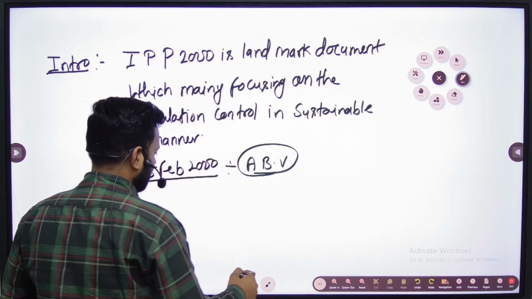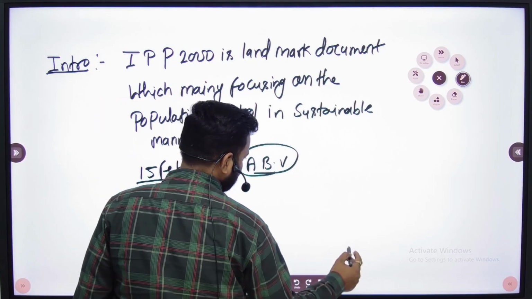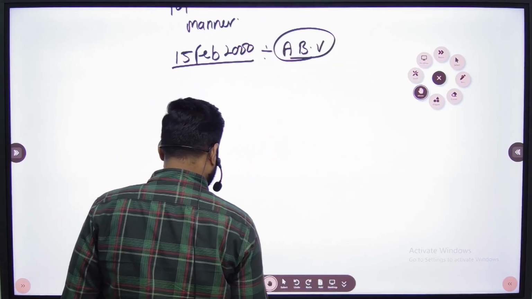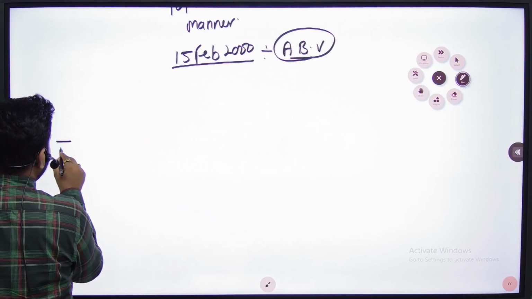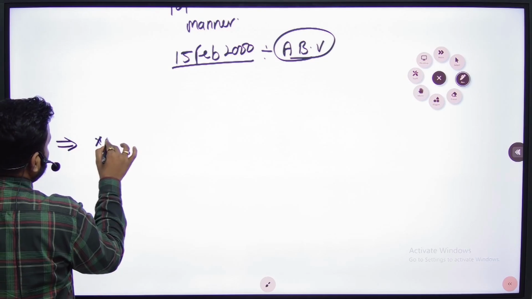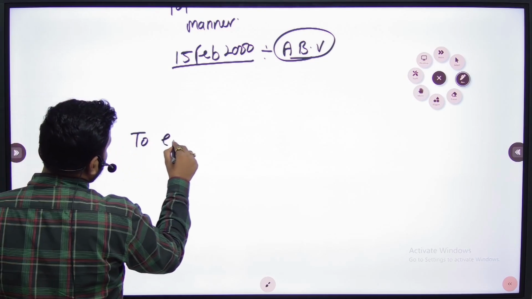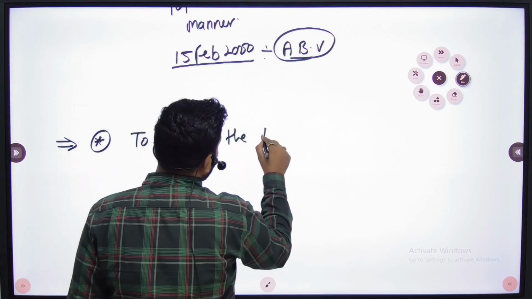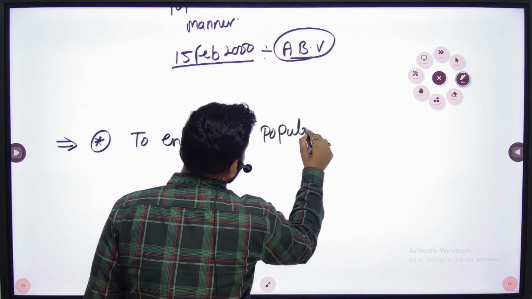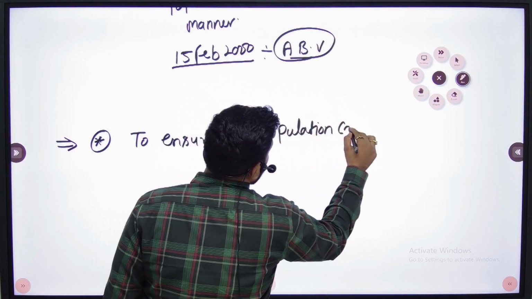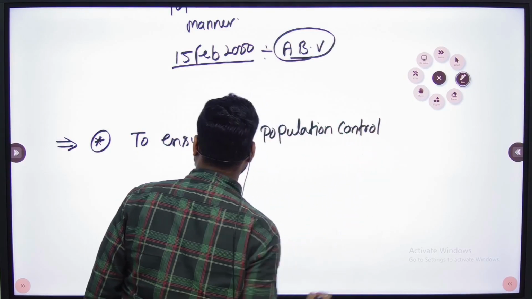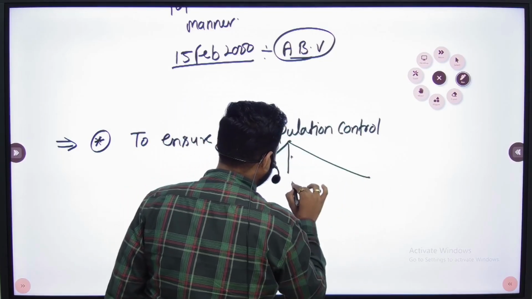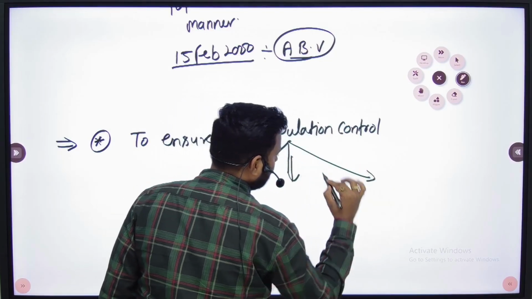Now, what is the main objective of this policy? The main objective of this policy is to ensure population control on three parameters.